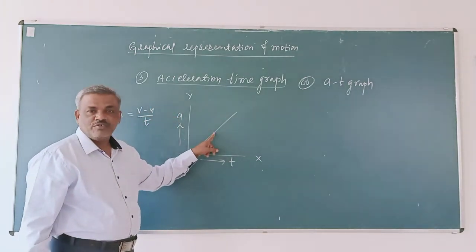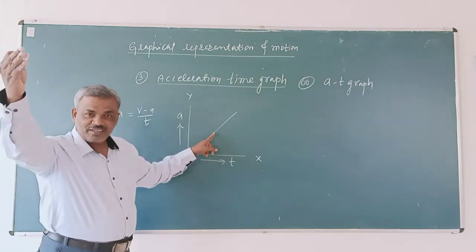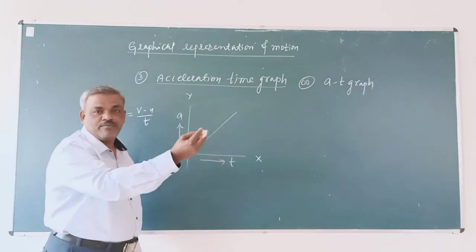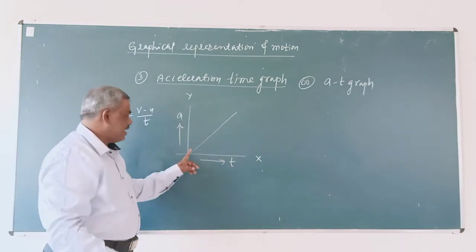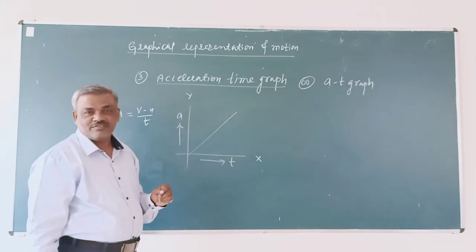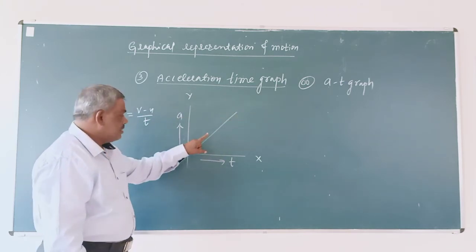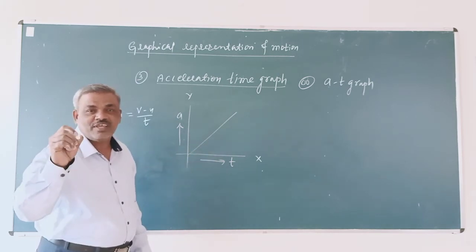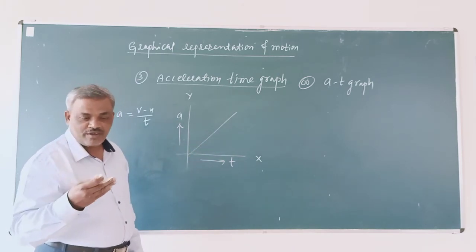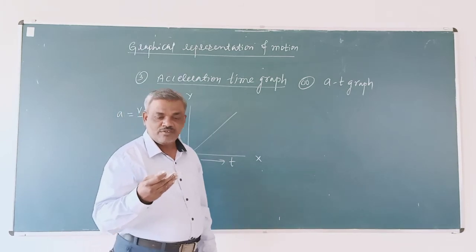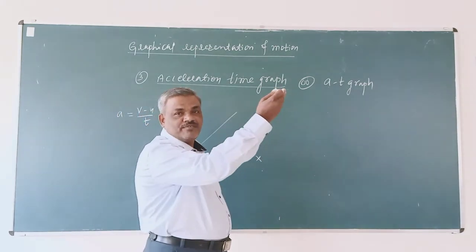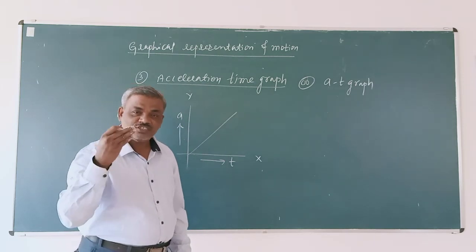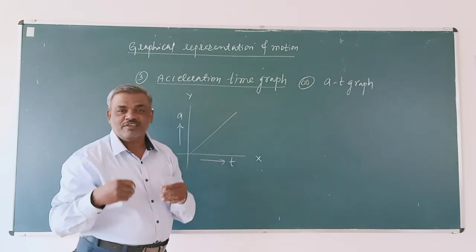Acceleration is positive if the velocity of the body increases. Example, an aeroplane taking off: velocity increases, so acceleration is also positive. What does the slope of the acceleration time graph represent? Change in velocity.